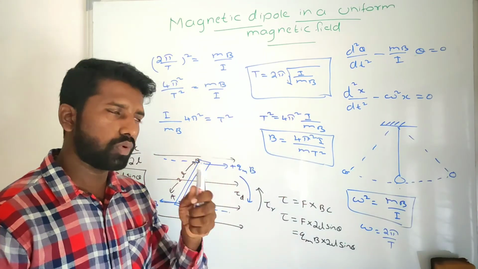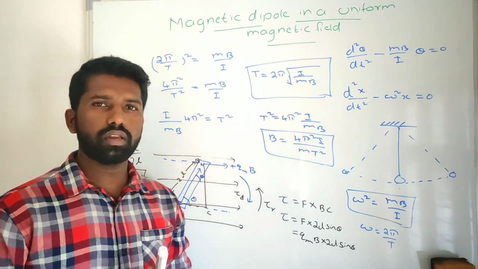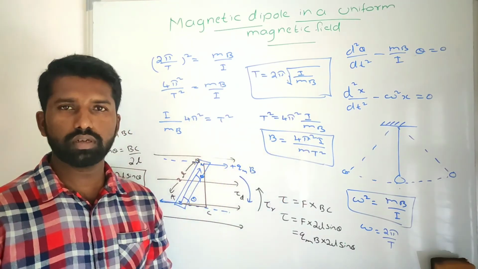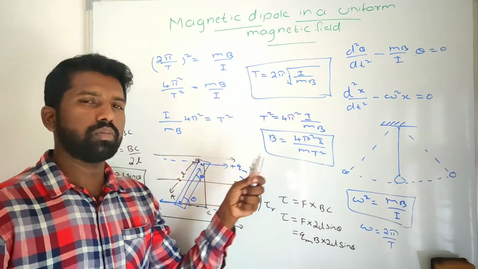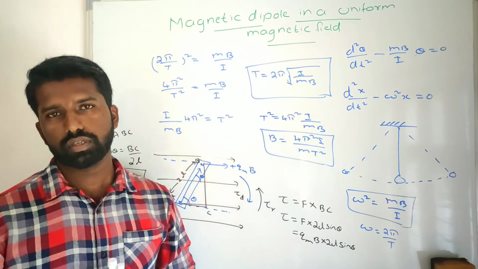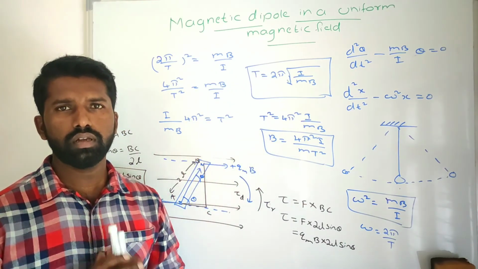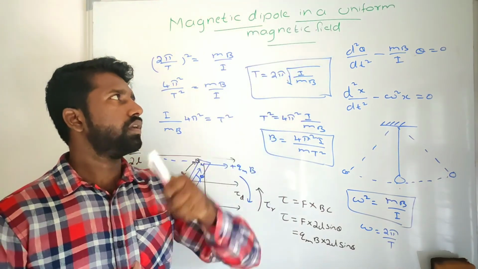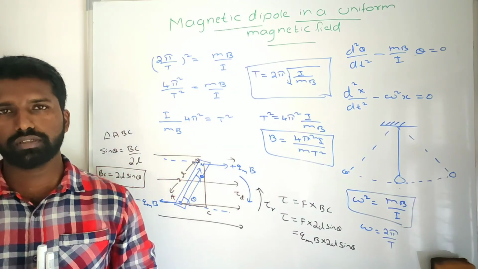That magnetic dipole's moment of inertia and magnetic moment should be known. Then the time period you can measure. By using this formula, you can find out the magnetic field in that region. Okay, this is the thing about the magnetic dipole in a uniform magnetic field.